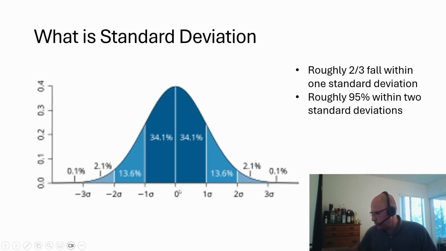Here we have this plus or minus 1 standard deviation, and you notice that roughly 68%, a little more than 2/3, are going to fall within 1 standard deviation. If we go out to 2 standard deviations, that number reaches roughly 95%. And if you go out to 3 standard deviations, it's almost 99%. So almost everybody is within 3 standard deviations of the mean.